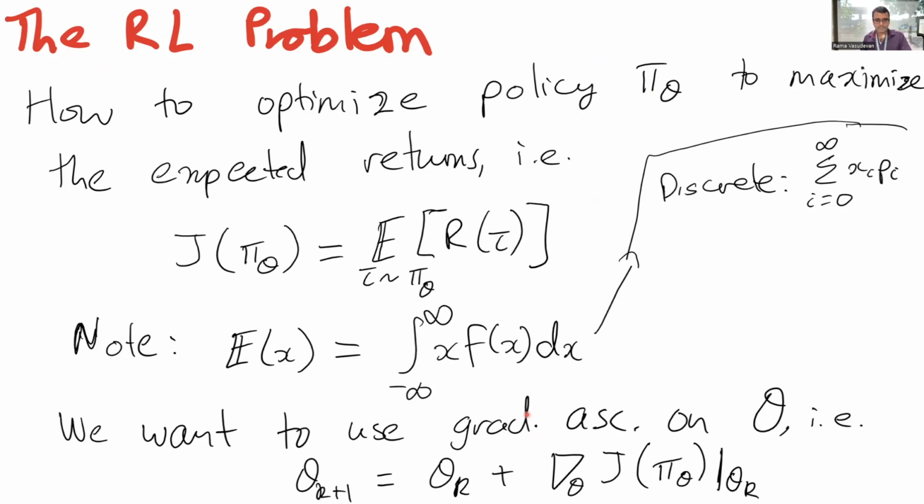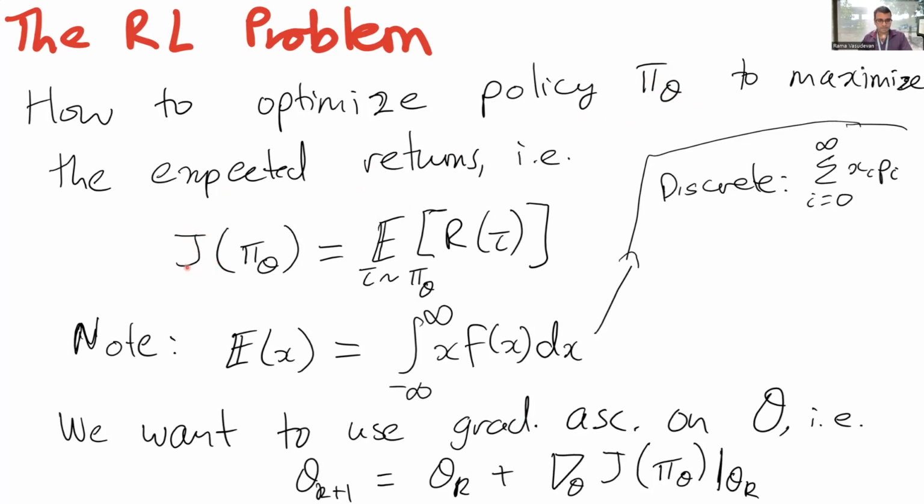It is: how do we adjust the policy parameters theta, right? We have this policy that is governed by neural network parameters theta, and we want to maximize the expected returns. So let's write an objective function this way.